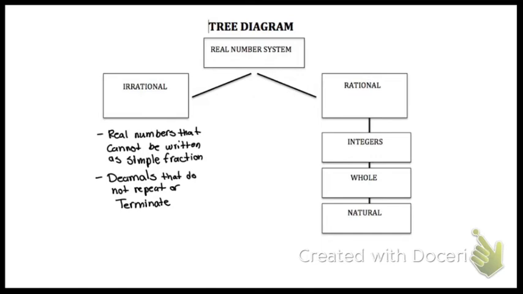Terminate means it does not stop. That means it continues to go on and on and on, and it does not repeat. Another thing to remember is that if we cannot classify a number based off these two characteristics, then it's going to fall underneath the other category of rational.